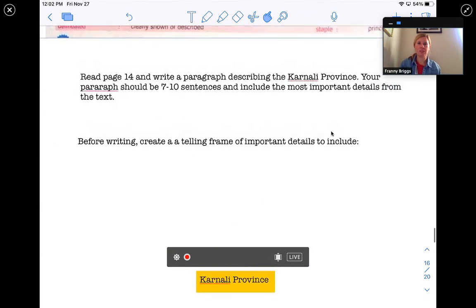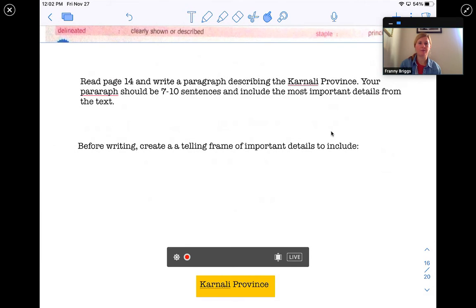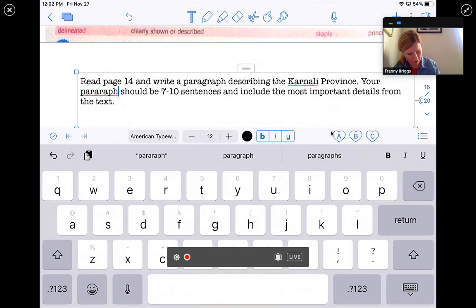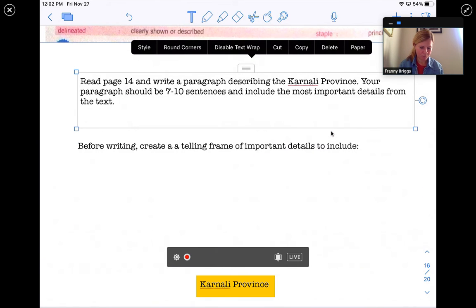Read page 14 and write a paragraph describing the Karnali province. Your paragraph should be 7 to 10 sentences and include the most important details from the text. I'm gonna fix the spelling because that was annoying. Okay.